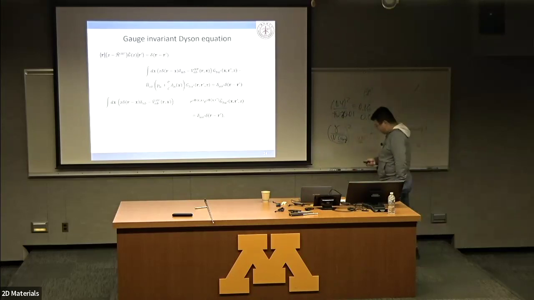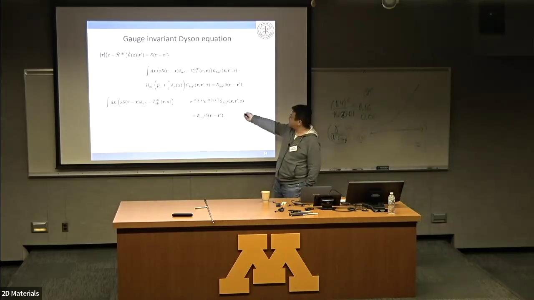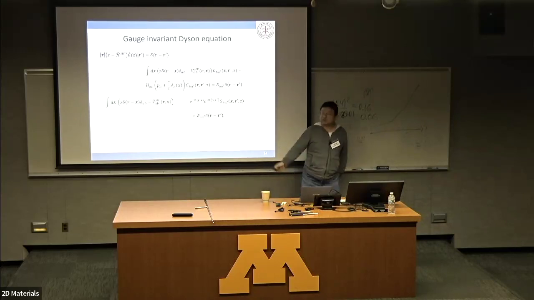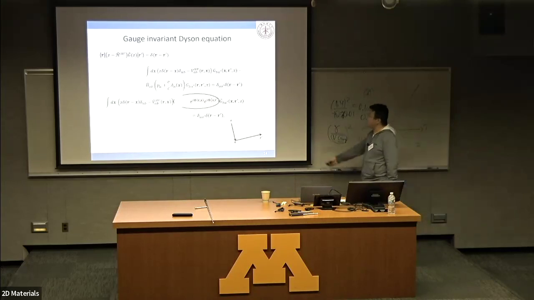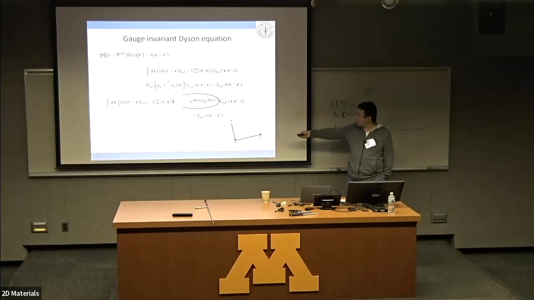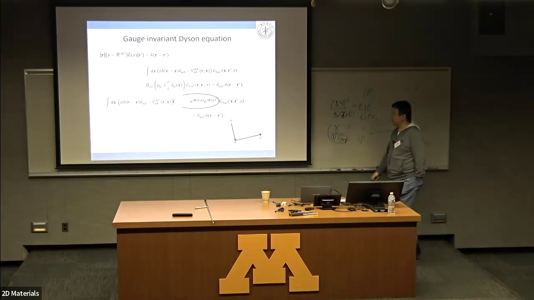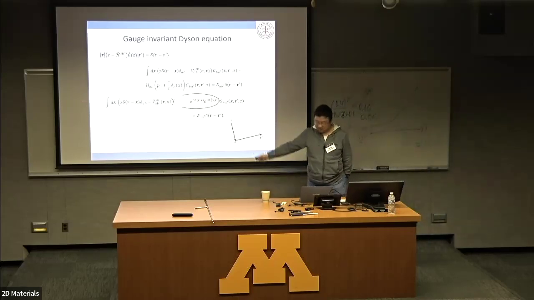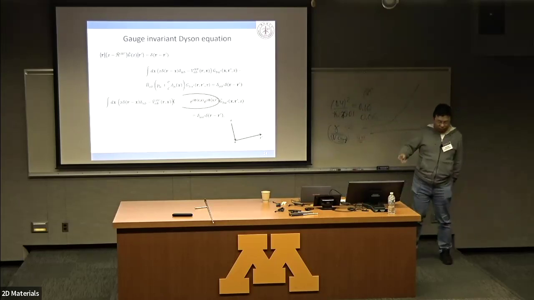Now you look at this equation: every term is gauge invariant except those two phase factors. The product of those two phase factors is not gauge invariant. For example, the first one is the integral of the A field from R to X, and the second is the same thing from X to R prime, where X is just some position over which you integrate.